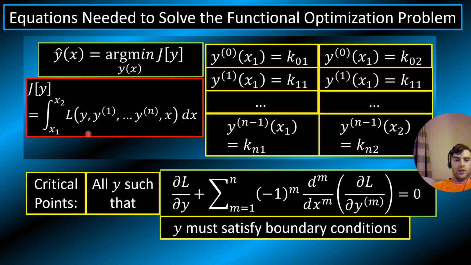And if you want to optimize this equation, these critical points may or may not be y-hats. You'll have to perform some kind of second derivative test or something like that. Maybe an analog for higher dimensional space.